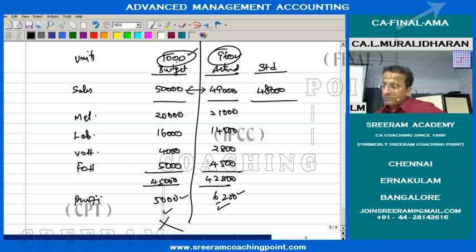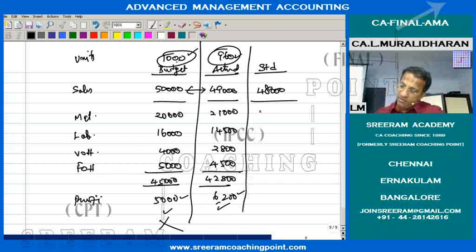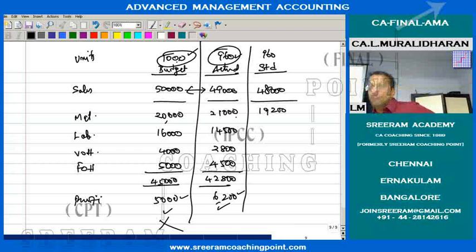Next one. Material. So 19,200. Now I can ask the production manager, what is it he had consumed extra? The norm says 20,000 for 1,000 units. For 960 units, how much should have been the consumption? 19,200. Whereas he had taken 21,000.